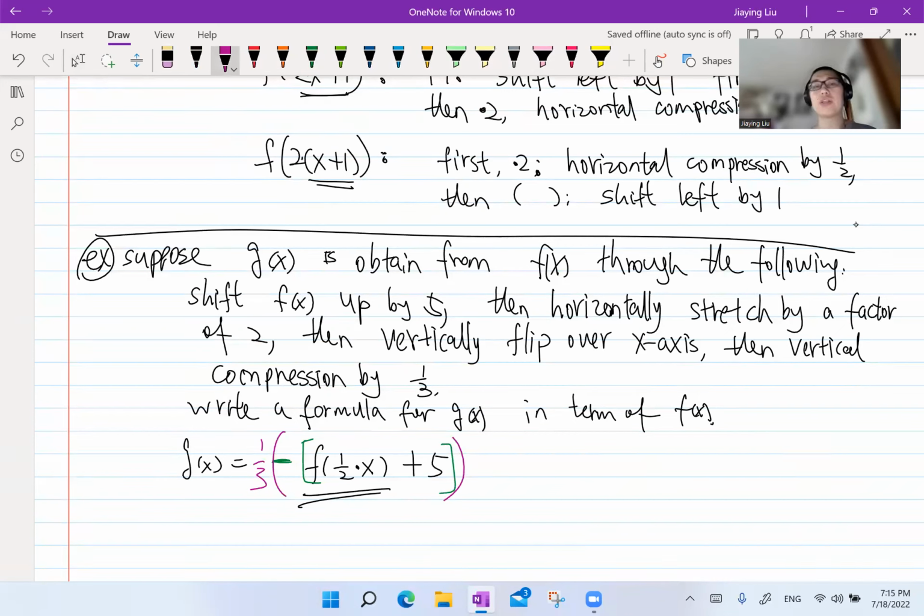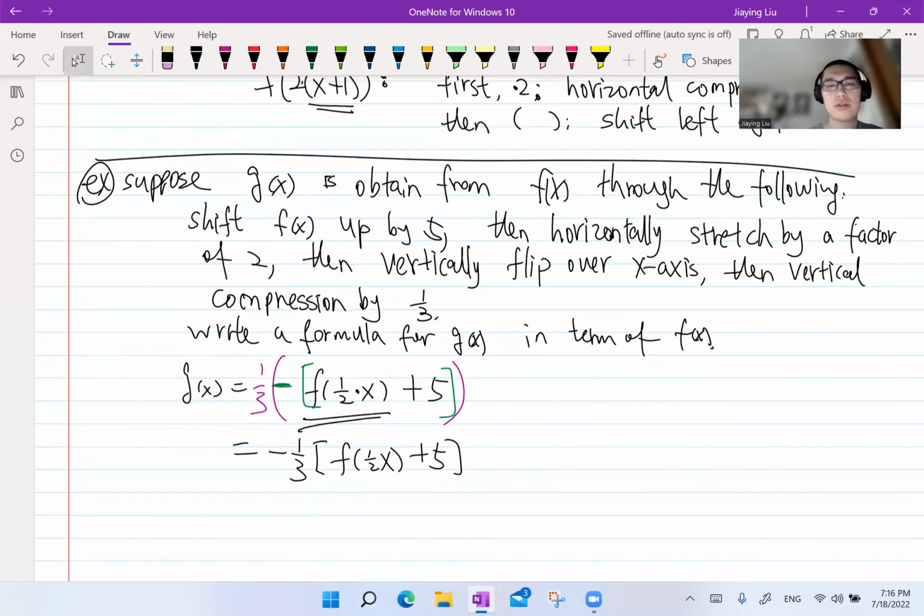Now you probably think, okay, this multiply by -1 and this multiply by 1/3, can we somehow bring them together? Yes. If we have a vertical stretch and a vertical flip, it doesn't matter which one goes first. We can rewrite it as -1/3, but then we still have this f of 1/2 x plus 5 in the bracket. So this is the correct way to write it at the end.